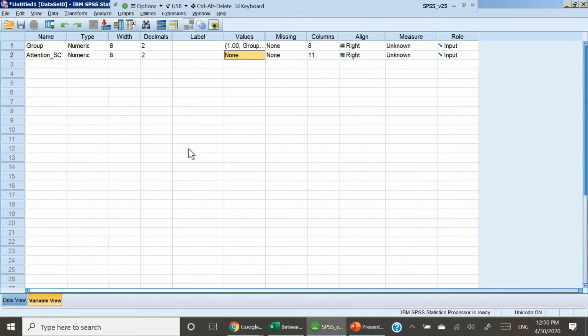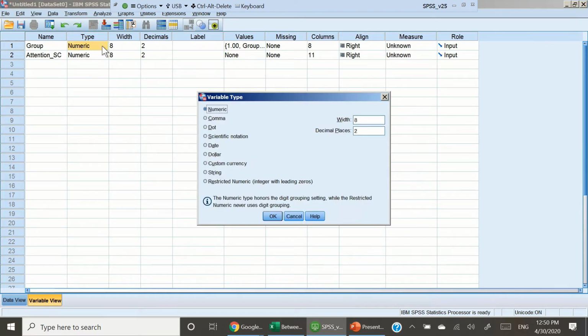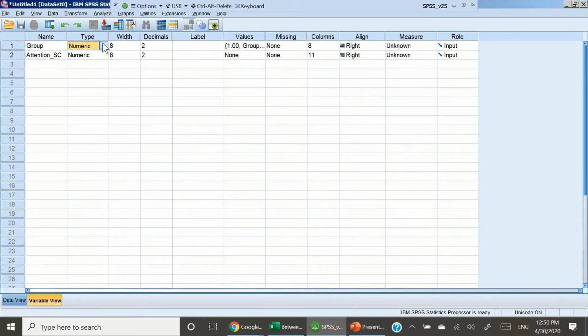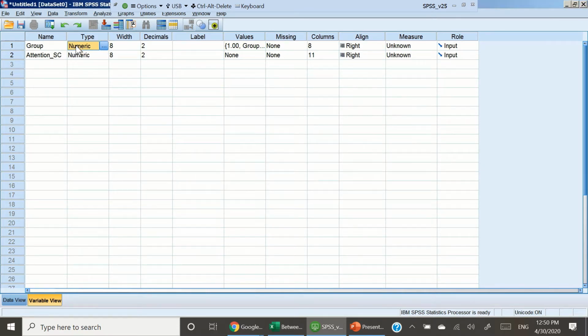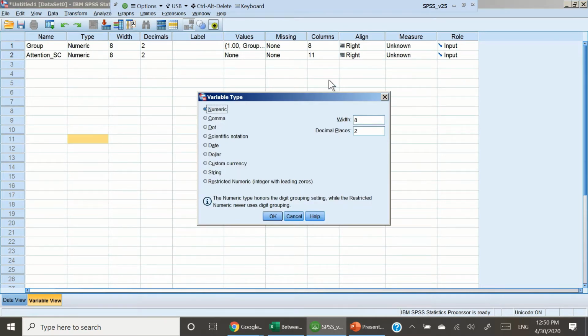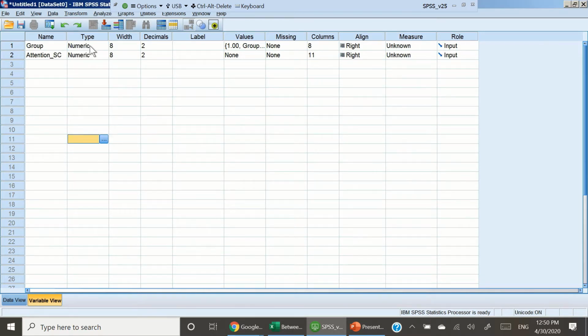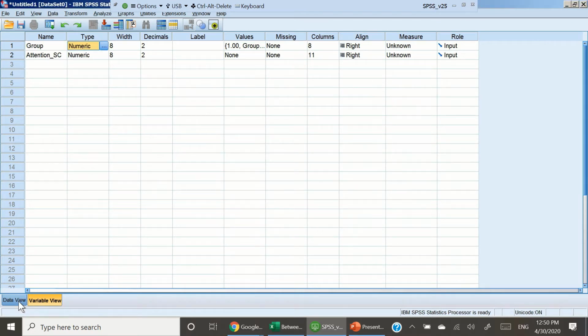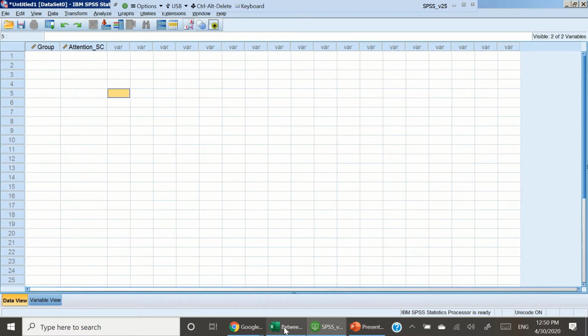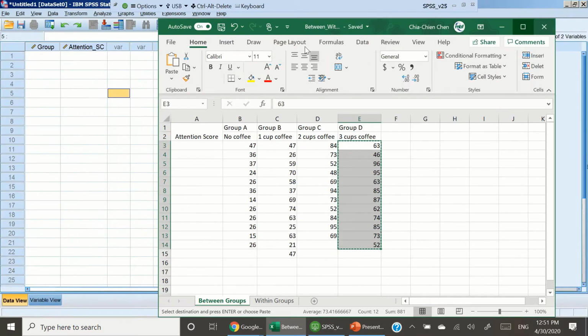Go back to the group data, and I think you want to give it that this needs to be nominal. Well, I don't think it matters if you say it's nominal or not.